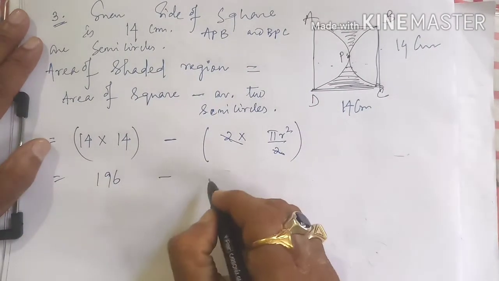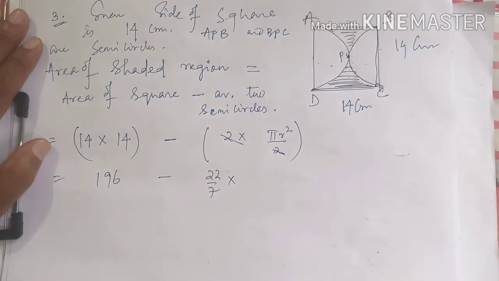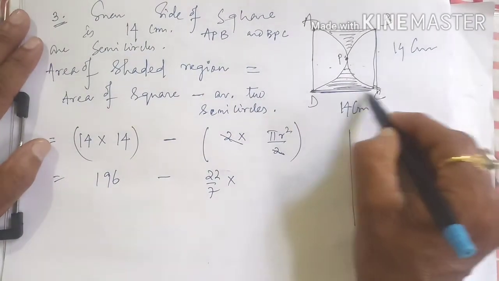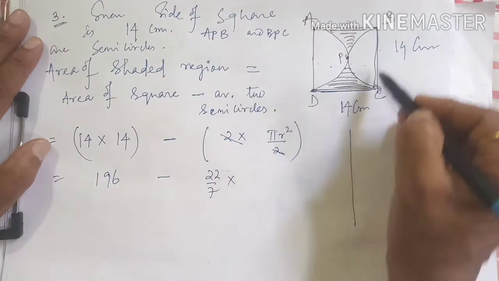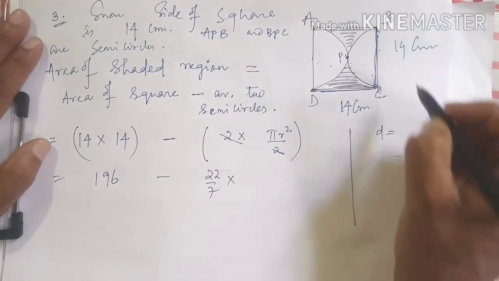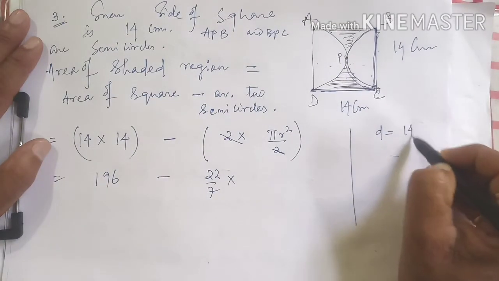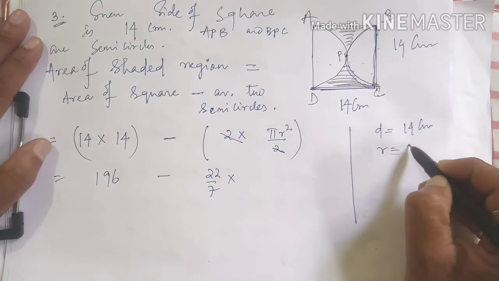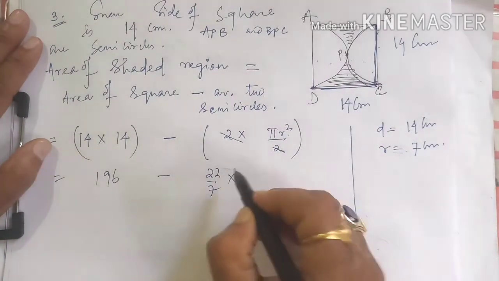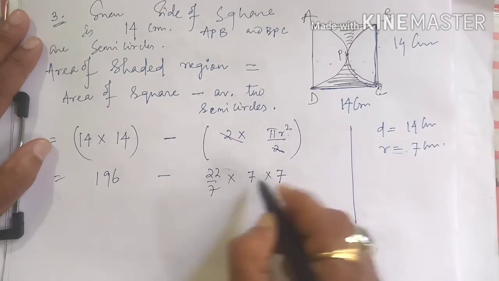196 minus pi r square. As 14 is the side of the square, it is the diameter of the semicircle. As the diameter of the semicircle is 14 centimeter, radius is 14 by 2, 7 centimeter. Now pi r square means 22 by 7 into 7 into 7, that is 7 square.